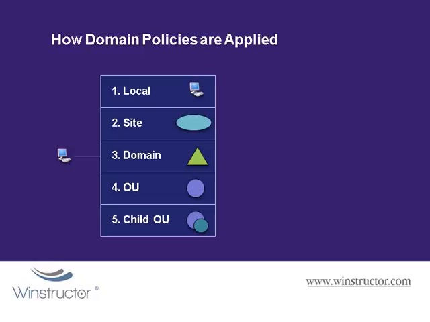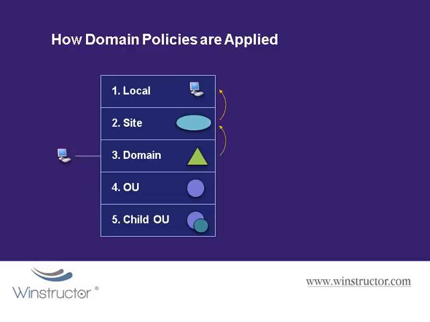Now, this policy order from local through to OU means that policies that conflict with each other are overwritten by the next policy in line. So, when a site policy is applied, if an identical local policy has already been applied and the site policy has conflicting settings, the site policy will win, and whatever settings you've configured in the site policy will override the settings in the local policy.